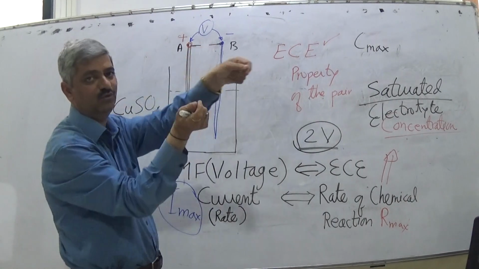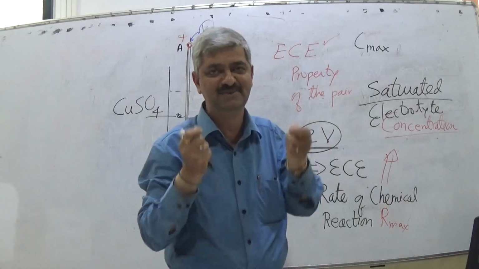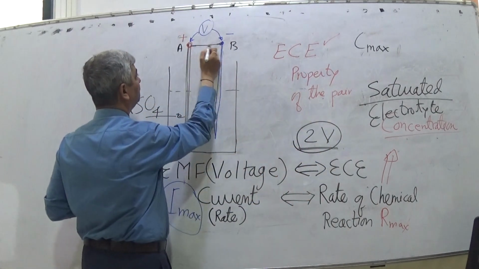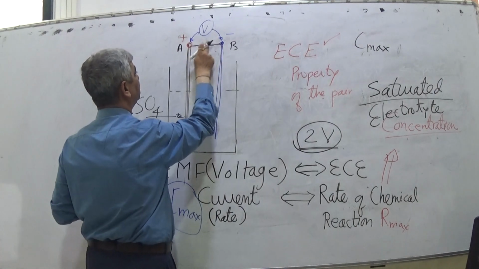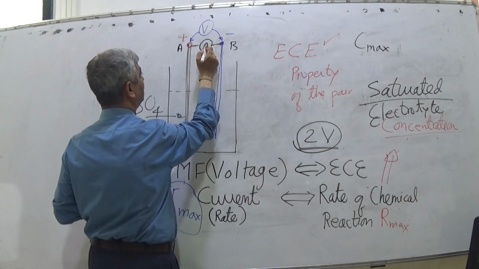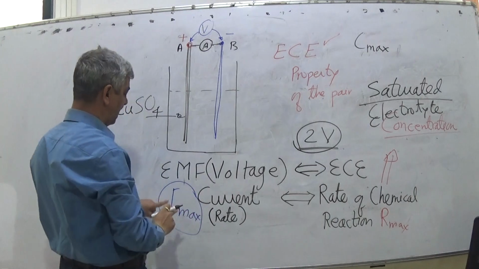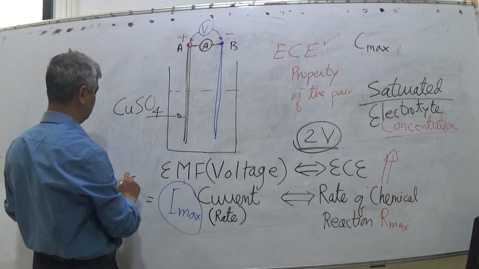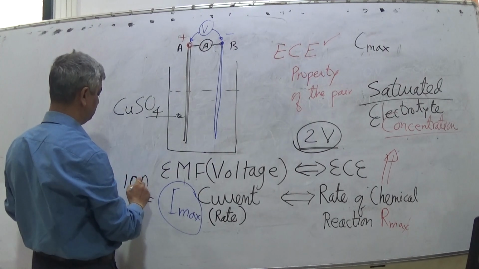In open circuit, when you connect a voltmeter, which is expected to draw no current, it's 2 volts. And when you short it, you can put an ammeter. If you put an ammeter here, by shorting it, Imax may be, let us say, 10 amperes.